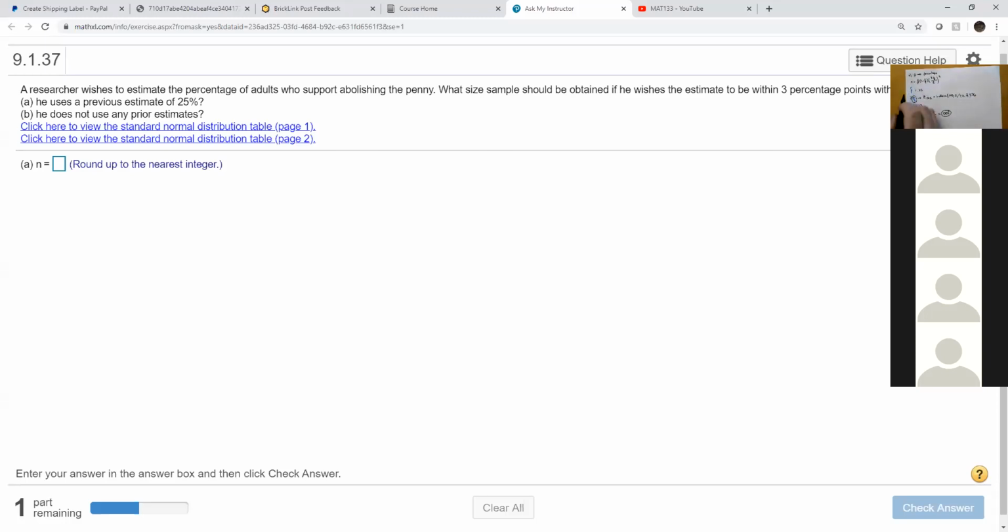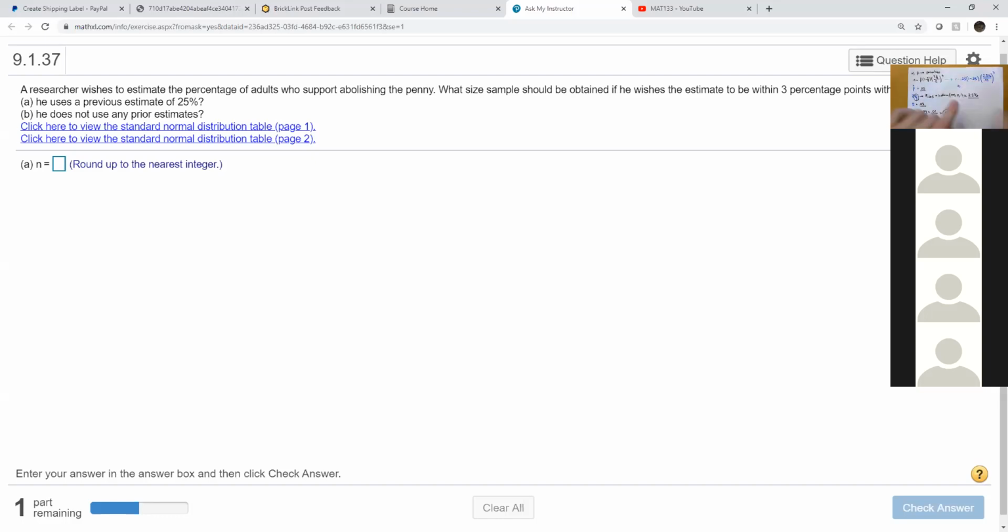So these are my 3 things. I need to plug these 3 things into this formula. The formula becomes n equals 0.25 times 1 minus 0.25. That's my p hat going in for this piece, times 2.576 divided by the E, 0.03, and then all of that squared.